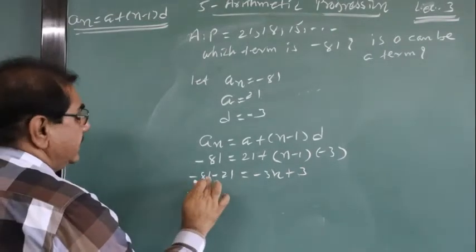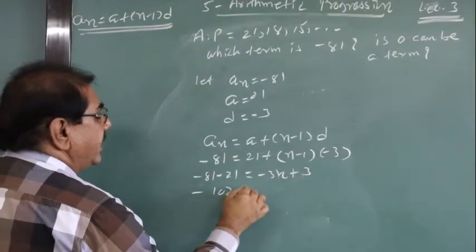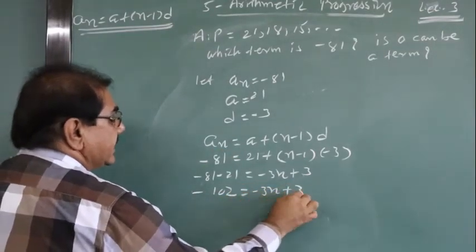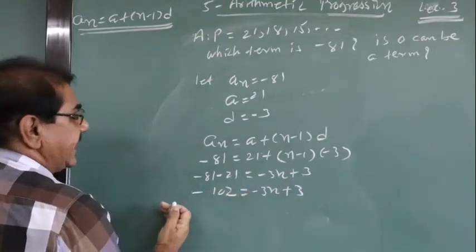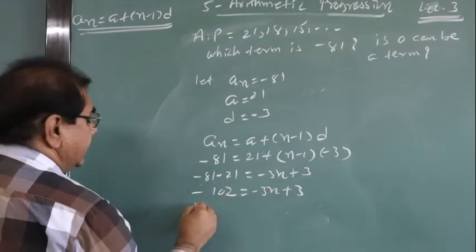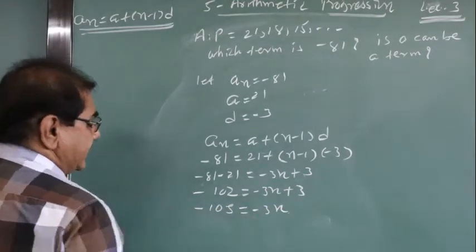Both are negative, so 1 and 1 is 2, 8 and 2 is 10. 102 is equal to minus 3n plus 3. Plus 3 shifts sides, so it becomes negative. So minus 102 minus 3 is minus 105, equal to minus 3n.